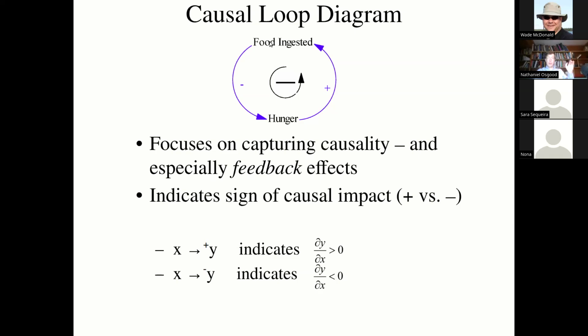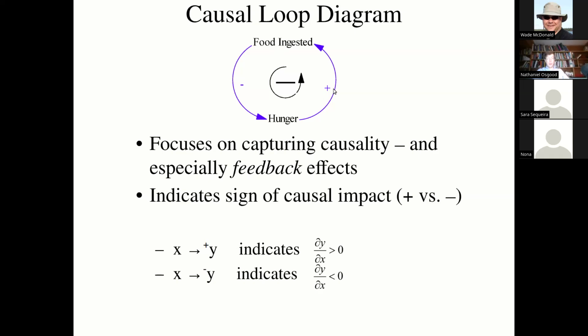It means if X goes up, Y will tend to go down compared to the value it otherwise would have held. By implication, if food ingested goes down, hunger would tend to go up compared to the value it otherwise would have had. So it changes in the opposite direction.